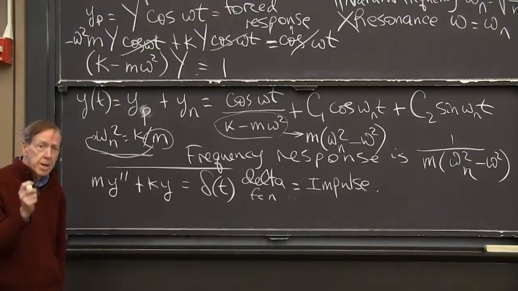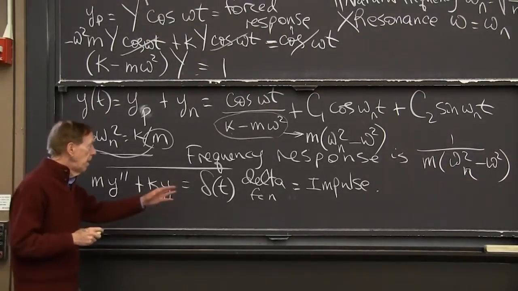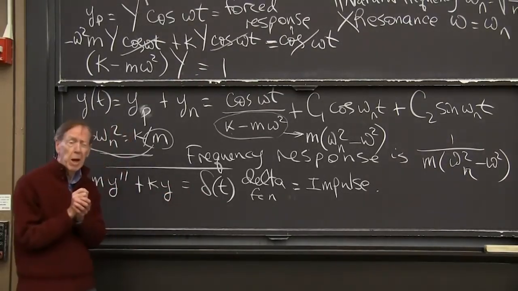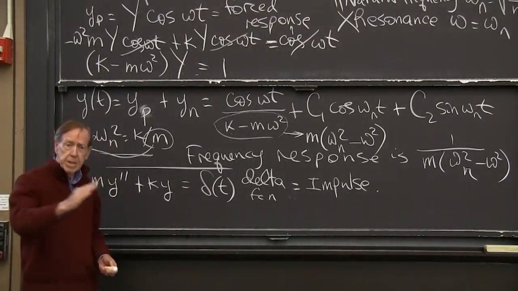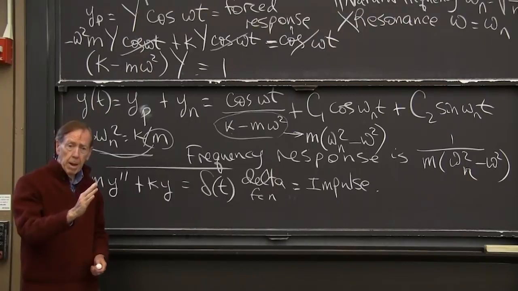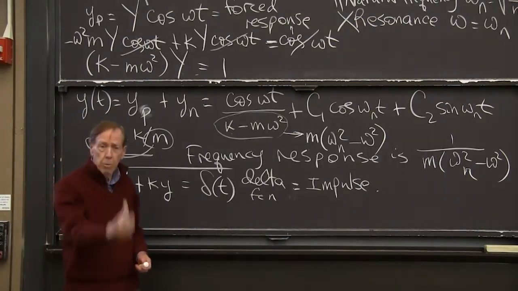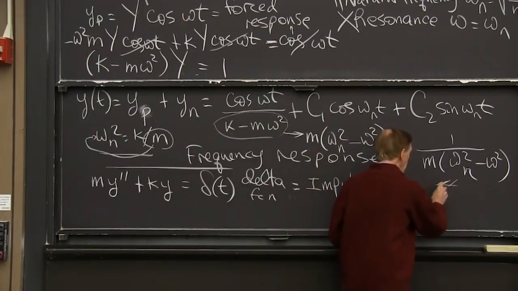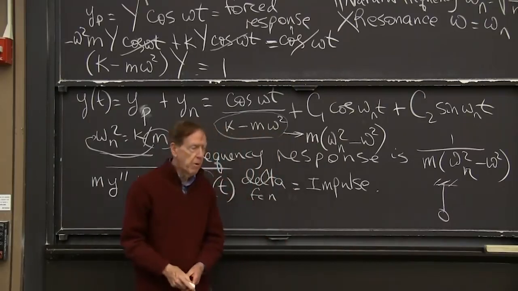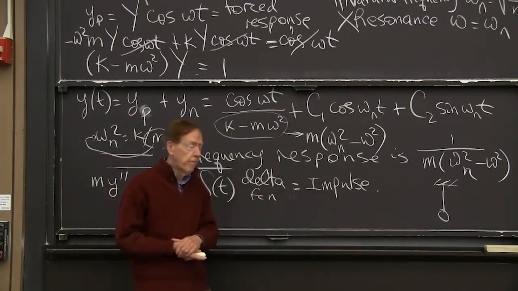At the initial second, at t equals 0, the delta function, I'm hitting the spring. So the spring is sitting there, or the pendulum is sitting there. Actually, let's sit it at rest. Here's my pendulum. I'll try to draw a pendulum. That's not much of a pendulum, but it's good enough.